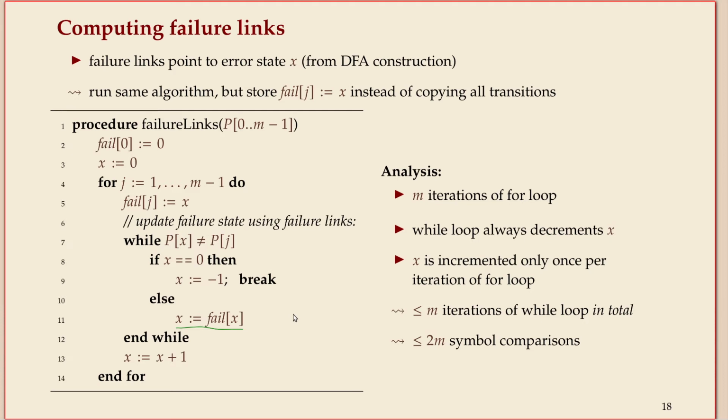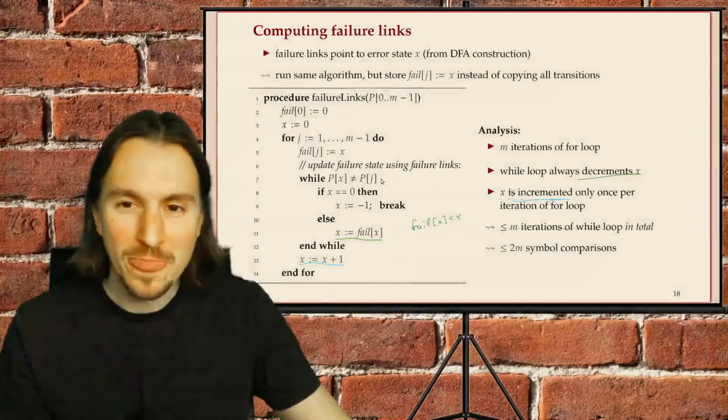Remember again that fail is always smaller than its argument. So that's this part. And we only increment x once per iteration of the outer loop. So x only ever gets bigger here. So there's no way this inner while loop can be executed more often than the outer loop.